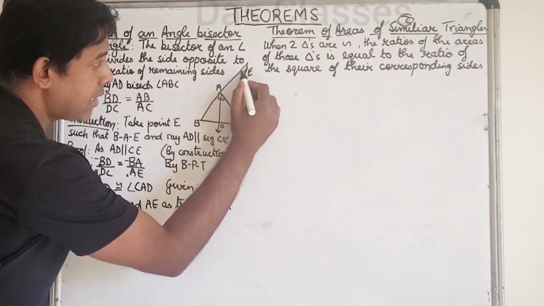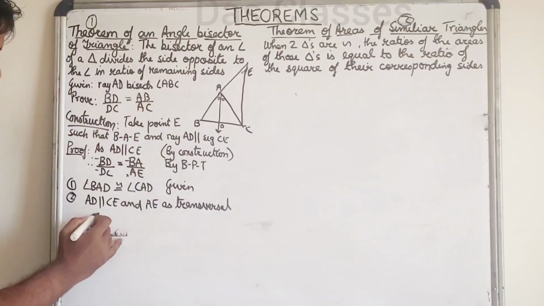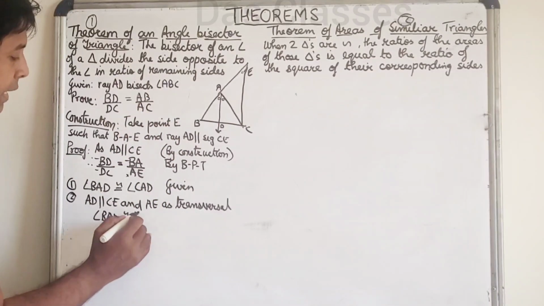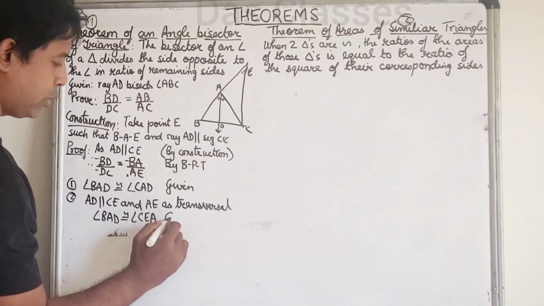Then this angle and this angle should be equal because they are corresponding angles. So angle BAD is congruent to angle CEA, corresponding angles.